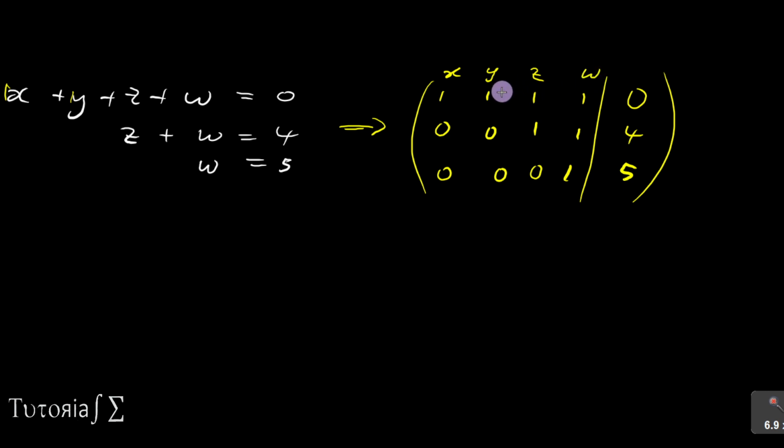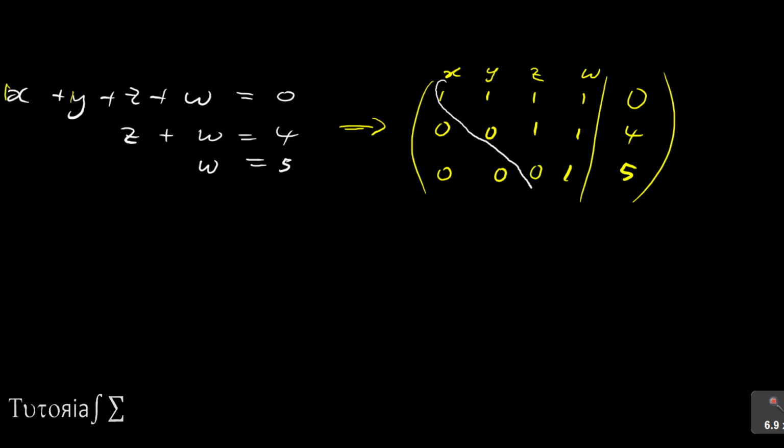Now you need to check if the variable has a leading element. The leading element, remember, is in the major diagonal. This is supposed to be the major diagonal, it takes on values like that. We should check, does the variable have a leading element?